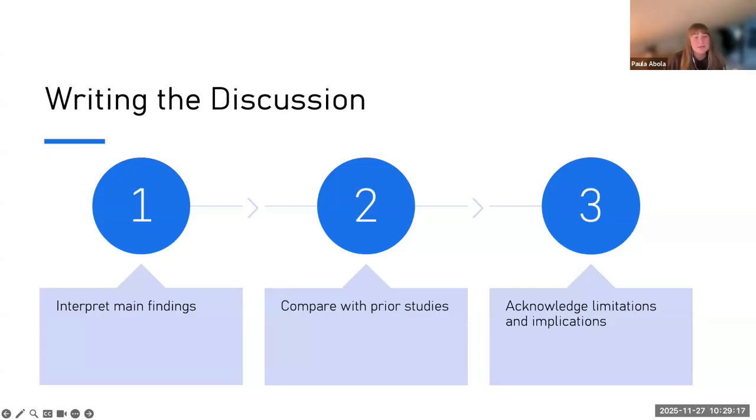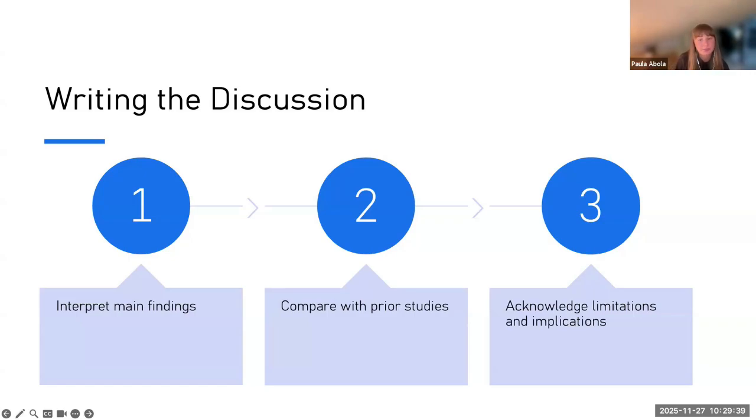So maybe it is the condition itself, that maybe people with Parkinson's don't feel so confident in their treatment decisions. Maybe they are less educated about their disease, or maybe it's just the sample size. Maybe the other study studied a much bigger sample and I had a smaller sample, and that could have influenced the findings.